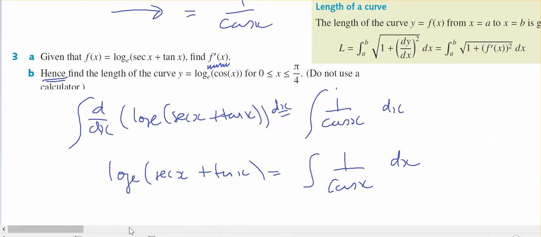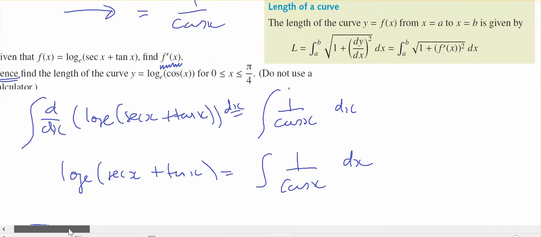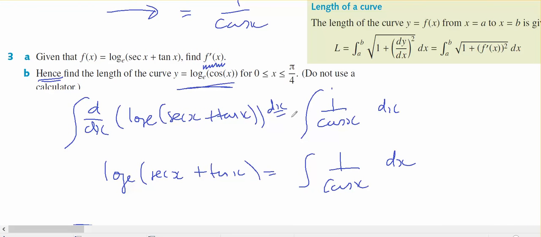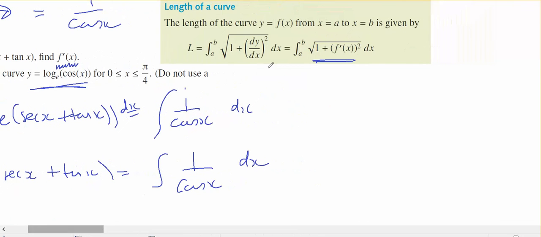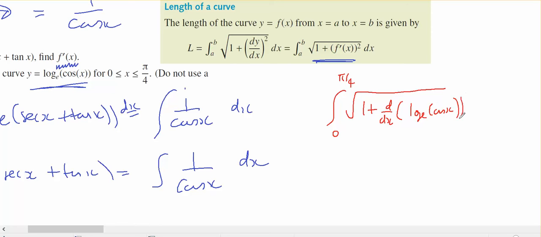Okay. If I'm looking for this distance, I need to use this rule. So I'm wanting the integral from 0 to pi on 4 of the square root of 1 plus d dx of log base e of cos of x, squared, dx.